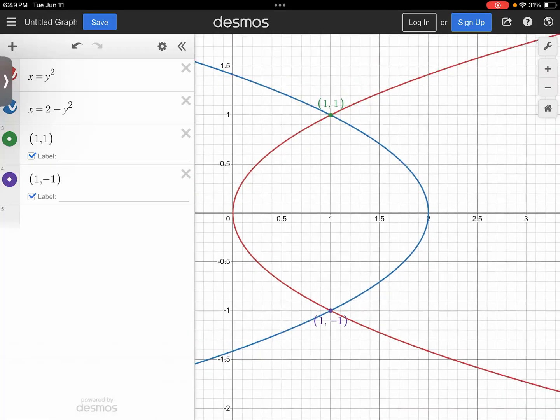And we have 0, 0 there and 2, 0 there. So we have some key points here, so let's go ahead and graph it in the notes.